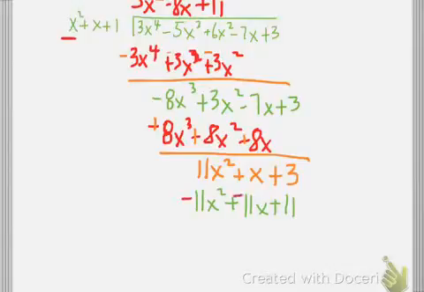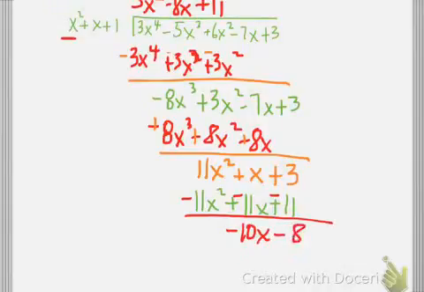And then we have to switch the signs. So we end up with negative 10x minus 8. So negative 10x minus 8 is my remainder.